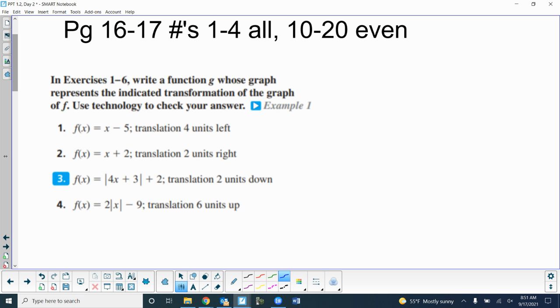Any of those you have a question on? Again, you can use technology, which means what? Use your calculator to check to see if it moved the way you thought it was supposed to move after you put in your 2 functions and your y equals.